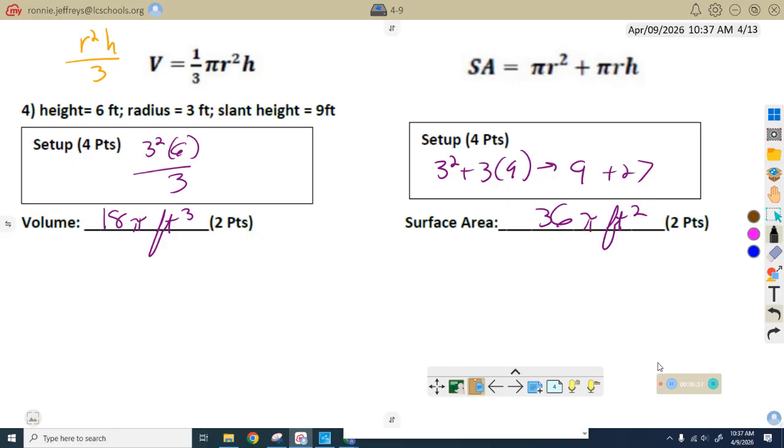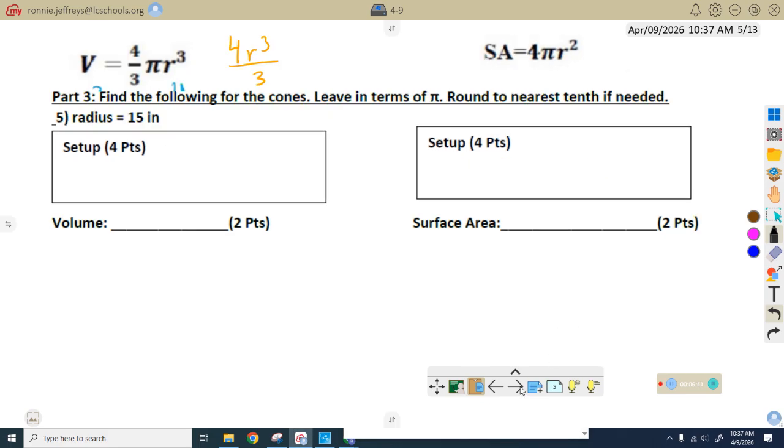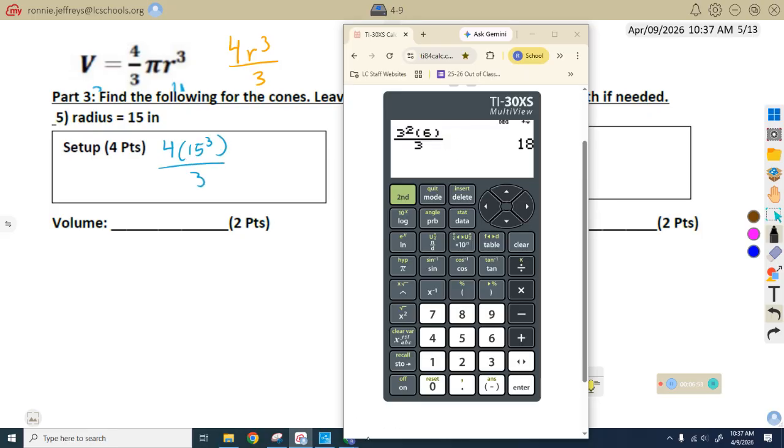Okay. All right. So, moving on. 4 times 15 cubed over 3.